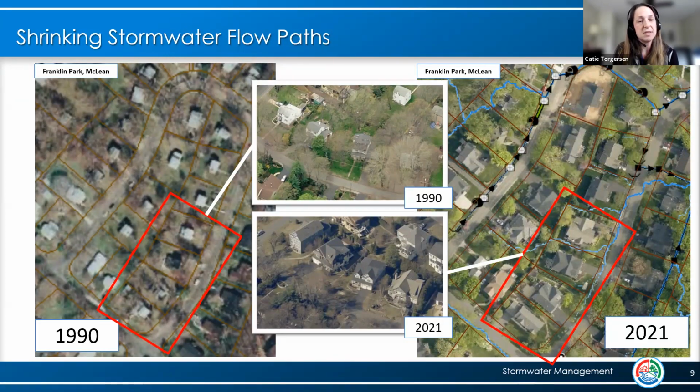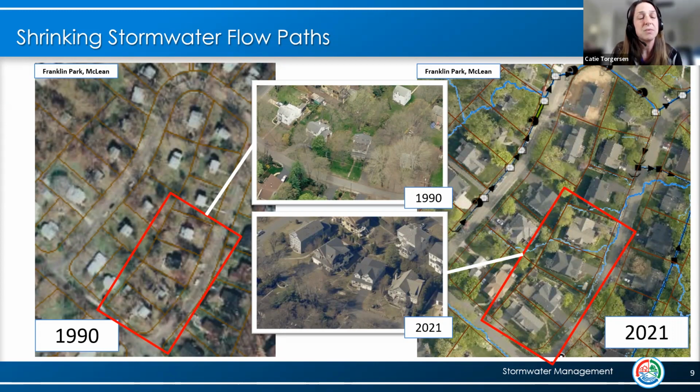So in the photos, you can see this block. We have the 1990 photo, and then 30 years after in 2021. And the block's almost completely redeveloped through individual lot residential infill. And so you see the smaller footprints of the homes in the 1990 image.